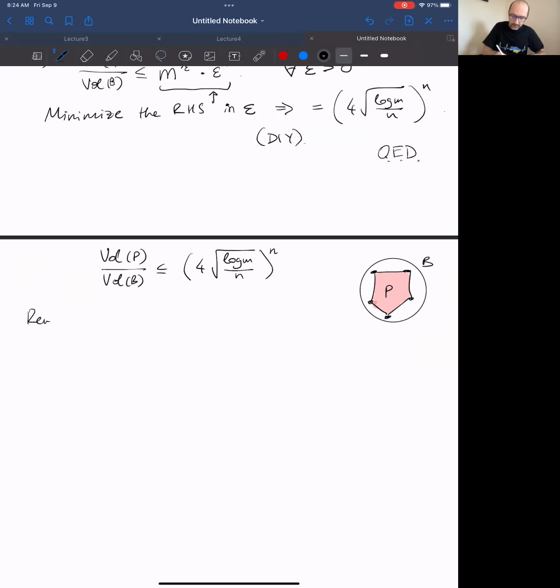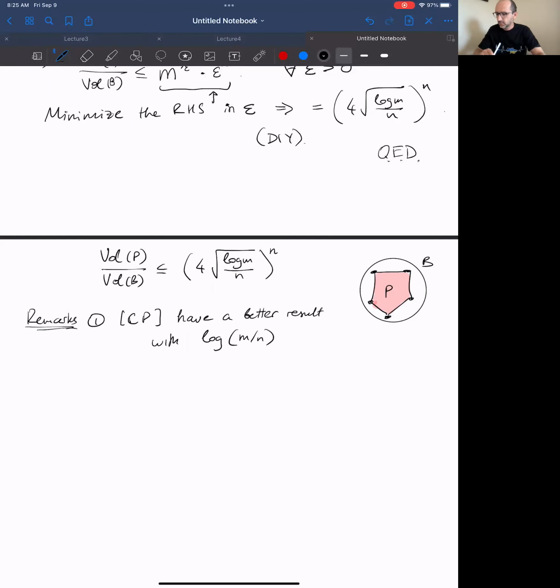So a couple of remarks. First, a little remark is that this is almost the best possible. In fact, Carl and Pajor, the people who first proved this result, proved a slightly stronger result with log of m over n instead of log m.